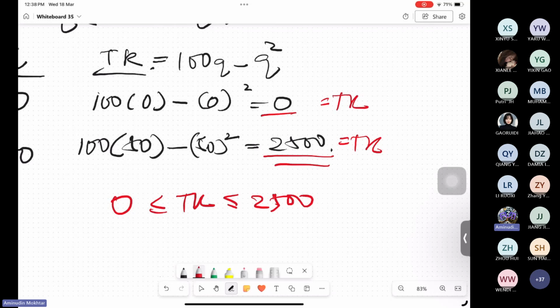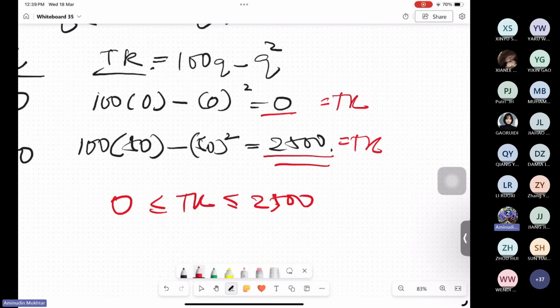So that's how to relate the concept of mathematics, for example domain, to compare the function and the TR.